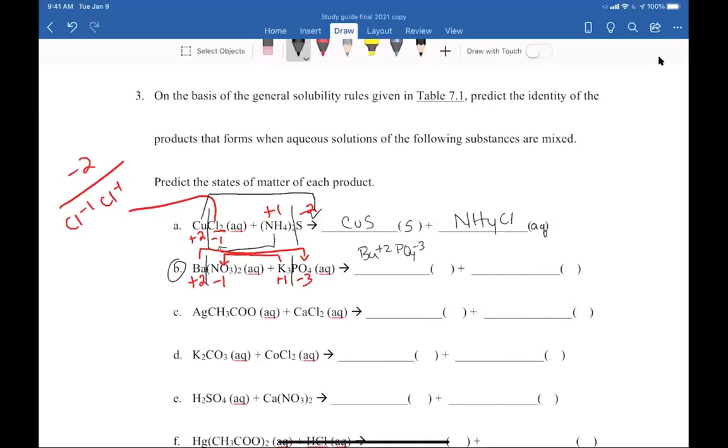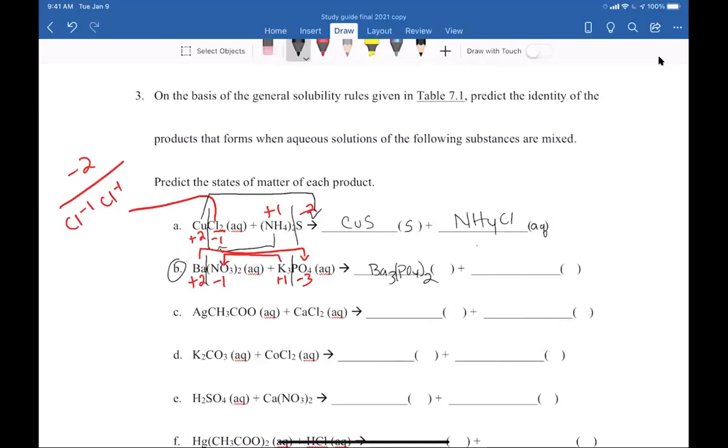So what can we do here to balance these charges? Switch the charges. Exactly. So we can switch them, and then this would be Ba3. We need 3 Bas, and then we need 2 PO4s, but make sure that your PO4s are in parentheses because PO4 is a polyatomic.